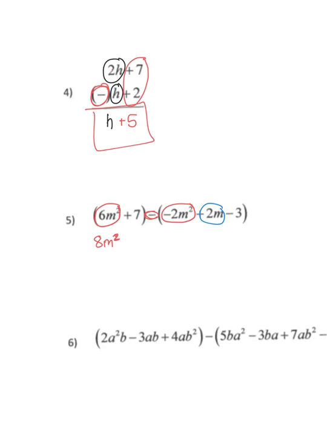Notice I don't have any m's in my first one, so that's like 0 m's. 0 minus a positive 2 gives me negative 2m. Then my constants, I've got 7 minus a negative 3, which is plus 10.